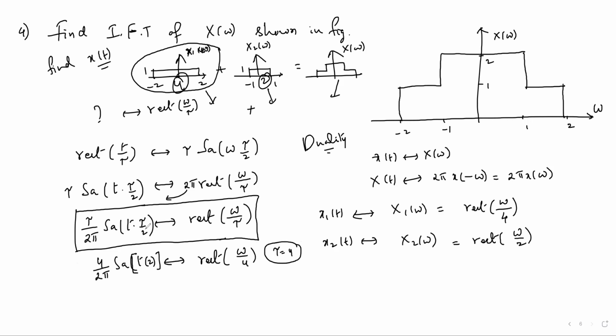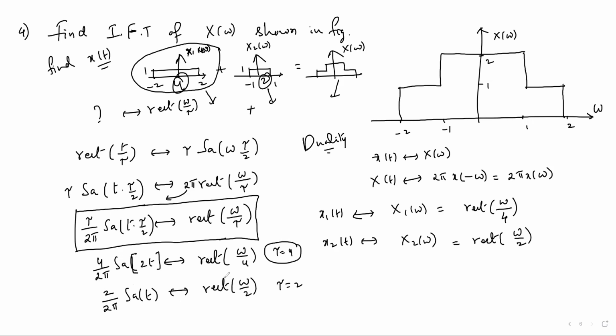Simply sampling of 2t. Similarly, take the second signal, rectangular of omega by 2: it is 2 by 2 pi sampling of t tau by 2. This time tau is equal to 2, so tau by 2 is 1. So that is sampling of t.